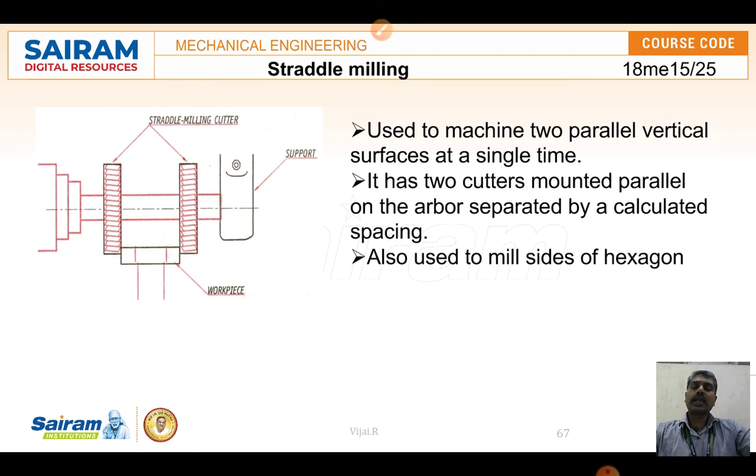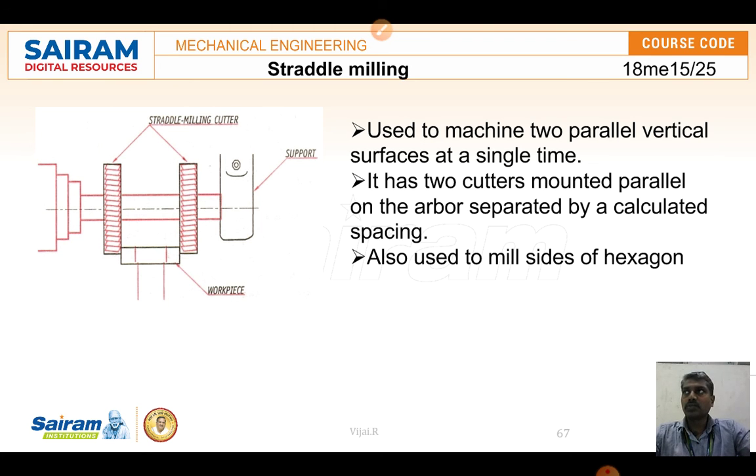So straddle milling is where we use two different cutters at different spacings. A spacer is used in between the two cutters, and if you want to machine parallel vertical surfaces simultaneously, that time we can use the straddle milling cutter.